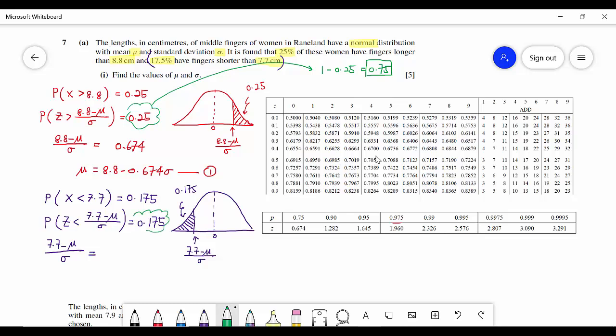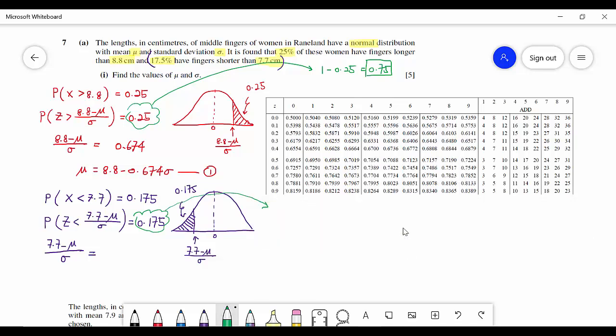So the same method that we do is, instead of using 0.175, you can try to use 1 minus 0.175 and see what value you get. From here you should get 0.825.